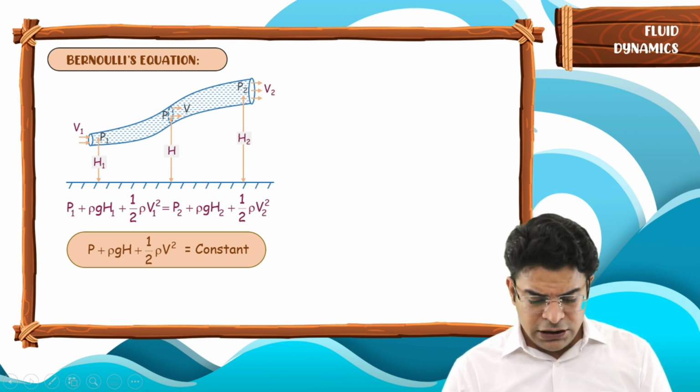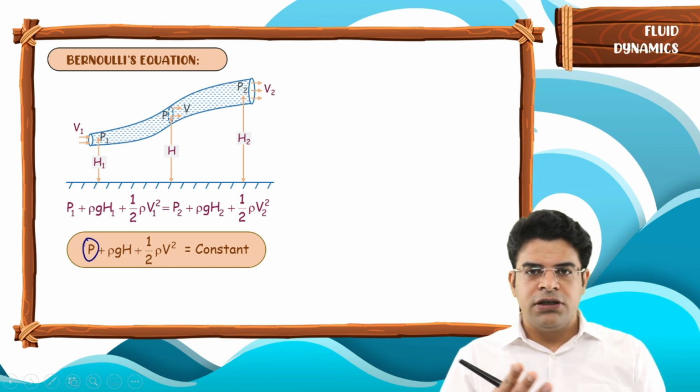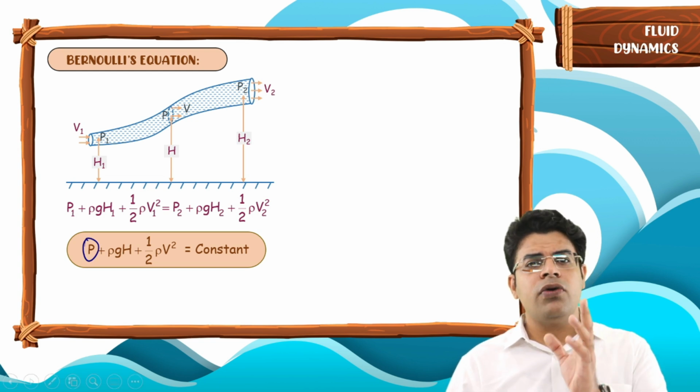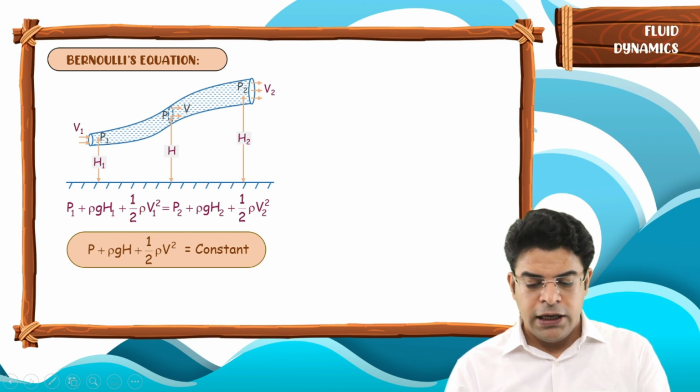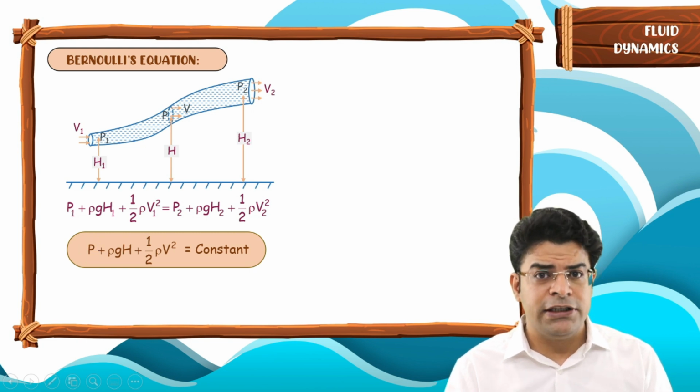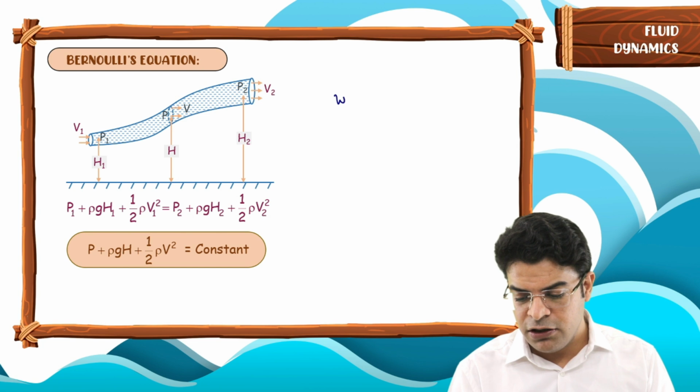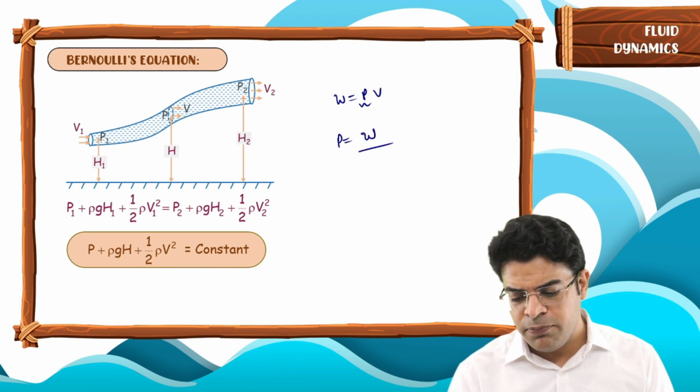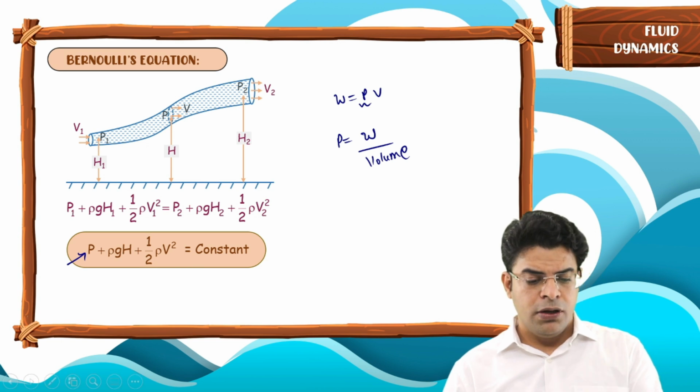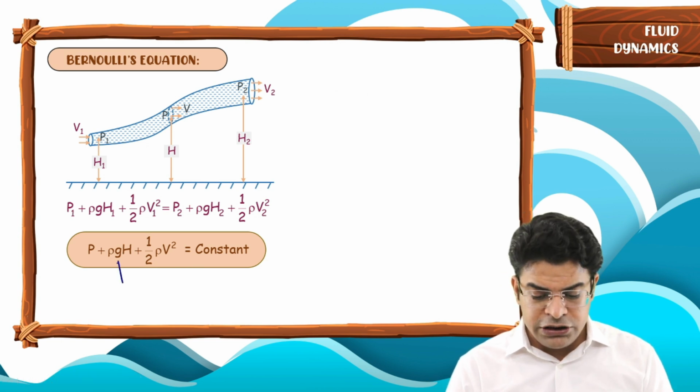Now the question is, what is pressure? Pressure is force per unit area. How can you write pressure in terms of work? In the chapter of KTG and thermo, we have learned that the work done equals pressure times volume. So can I say that pressure represents work done per unit volume? Pressure represents work done per unit volume. What does rho gH represent?